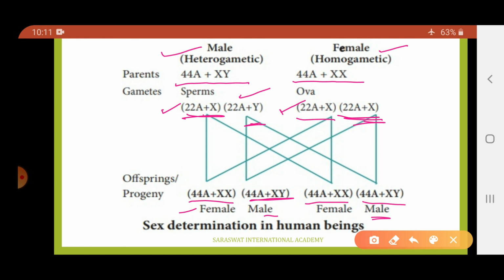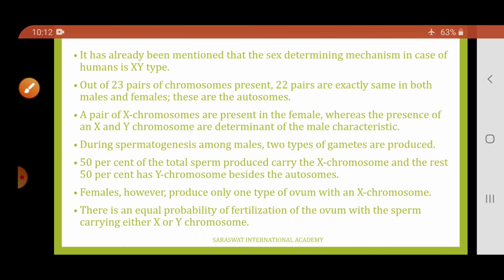But see students, all the gametes produced by the females are similar. It is the sperms that have 2 different types, one with the X chromosome and one with the Y chromosome. So, which type of sperm fuses with the egg will determine the sex of an offspring.